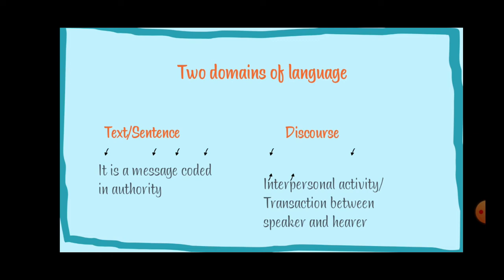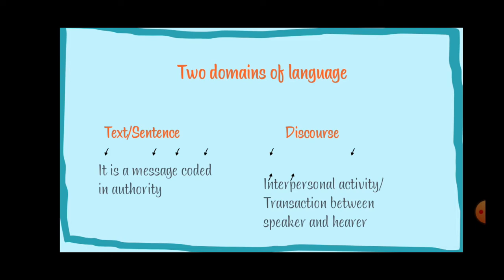Text or sentence is a message coded in authority. The examples are essays, notices, and road signs. While discourse is interpersonal activity or transaction between speaker and hearer. Examples are interviews, commentaries, speeches, and so on.